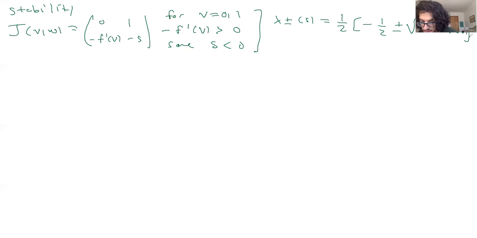And because minus f prime of v is positive, this whole thing is going to be bigger than s squared, okay? So then this is going to have a positive and a negative real eigenvalue.